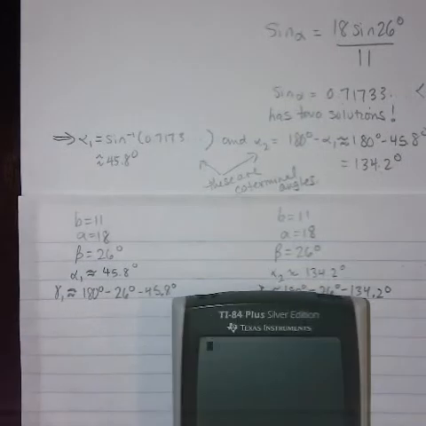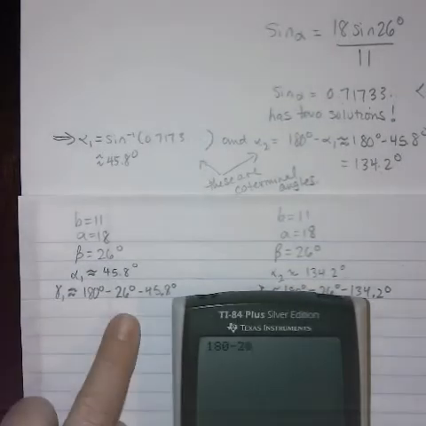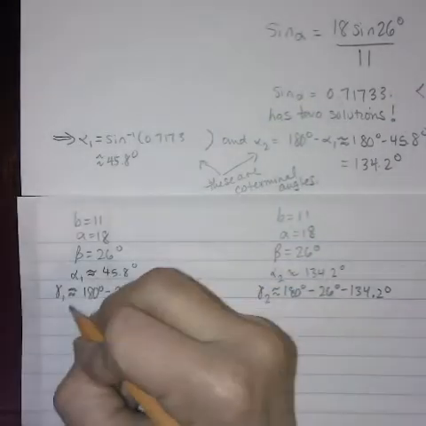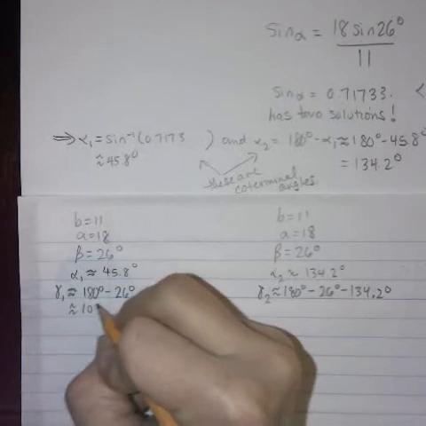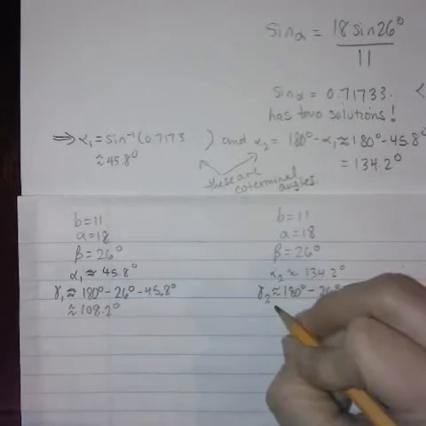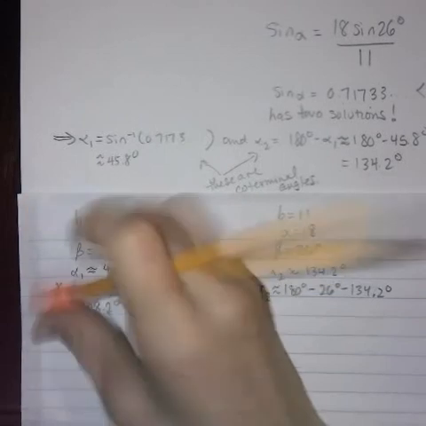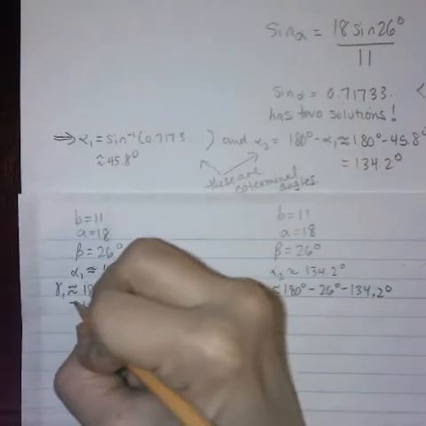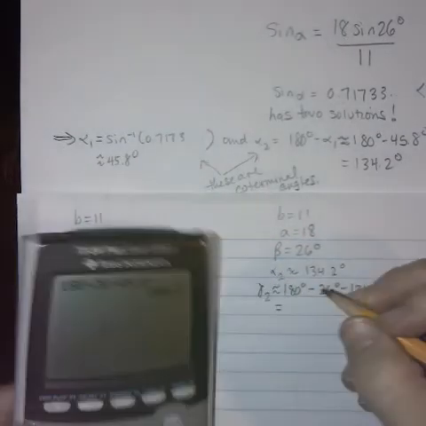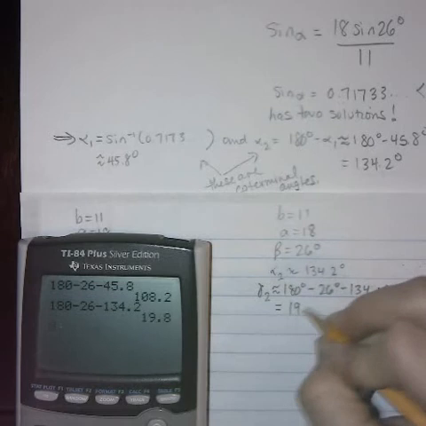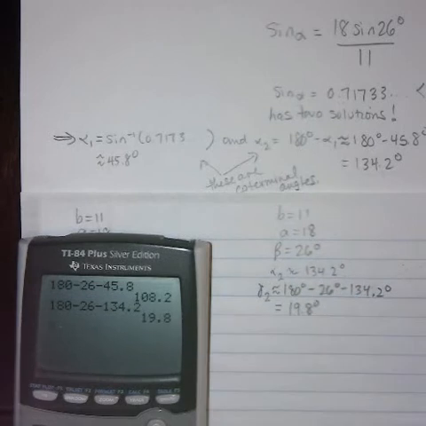So 180 minus 26 minus 45.8 is 134.2 degrees. So in the first one, gamma is the obtuse angle. And then 180 minus 26 minus 134.2 is 19.8 degrees. That's a smaller angle, of course.